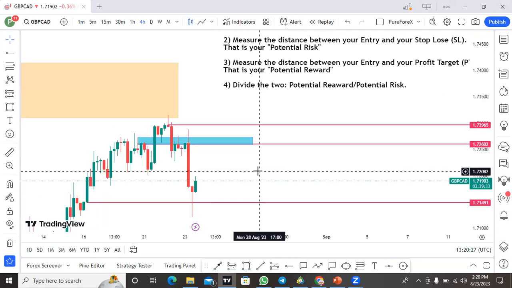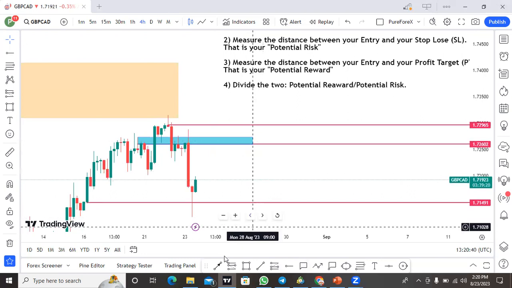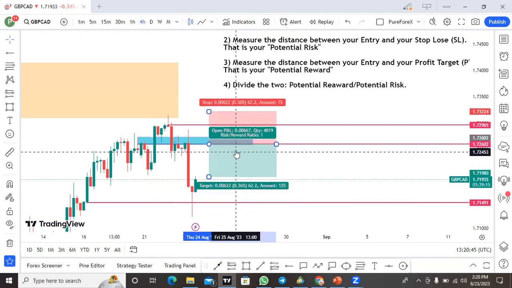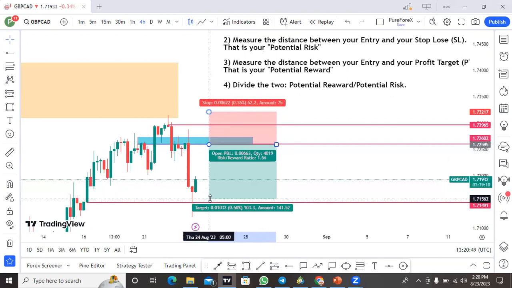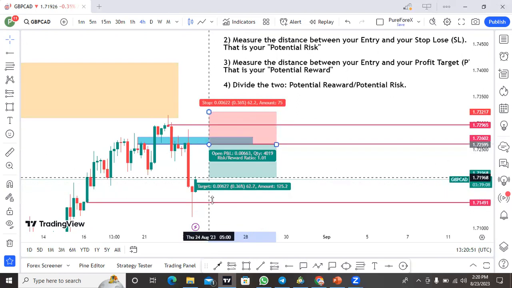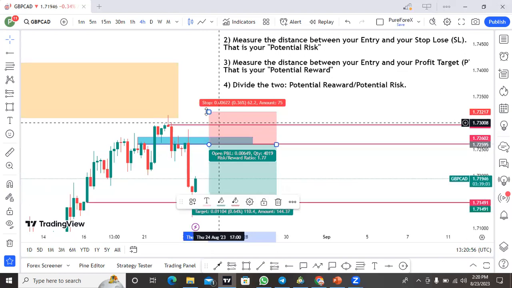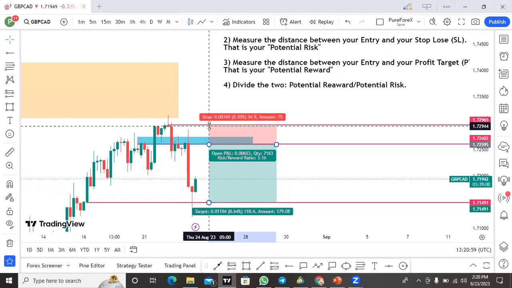So I'm trying to measure my risk to reward ratio, guys. So we are going to use the short position tool on TradingView so that it's going to calculate everything so easy for us, guys. So now this is the short position. So here, this is our entry point. This is where I want the market to come. So let me measure my potential reward from the entry point to where I want to take profit, and also my stop loss.